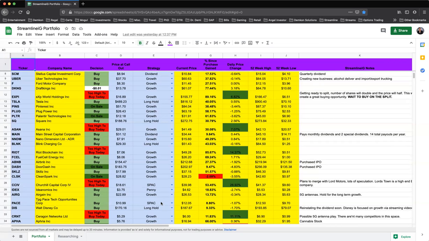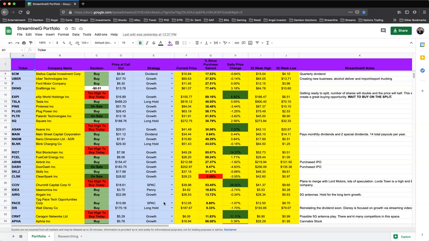Last one is SPACs. If there is a stock that we have on here that is a SPAC, we identify it as such. That way we know what our strategy is. We know that this company is looking to acquire or merge with another company, and then that name will actually change. So when Pace buys out their company, the ticker symbol will change from Pace to something else.